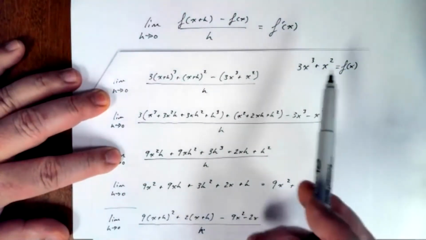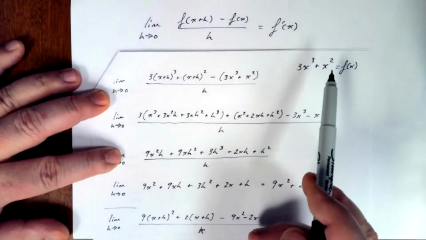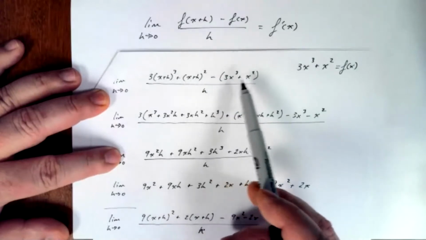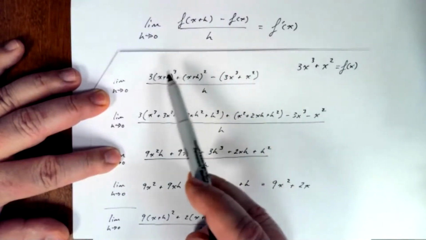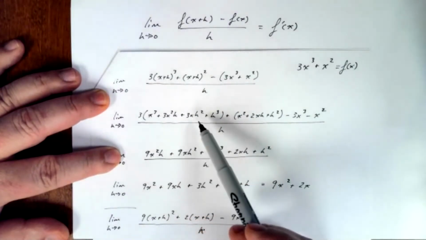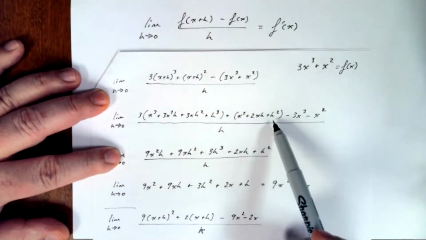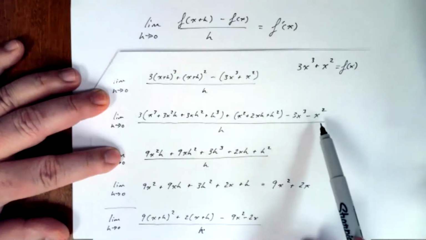Plugging in x plus h every time you see an x gives you that minus the function itself. Expand this out. Expand out the second one, distributing the negative sign.